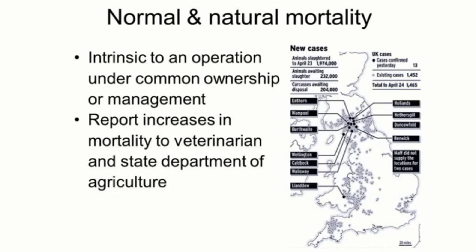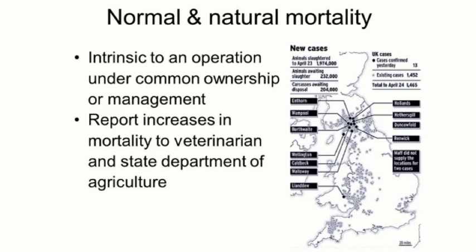Let's talk a little bit more about the importance of normal and natural mortality. It is my intent that throughout the rest of my talk, the majority of it will be about normal and natural mortality. Most laws, including in a state, read that the normal and natural mortality must be intrinsic to an operation under common ownership or management.